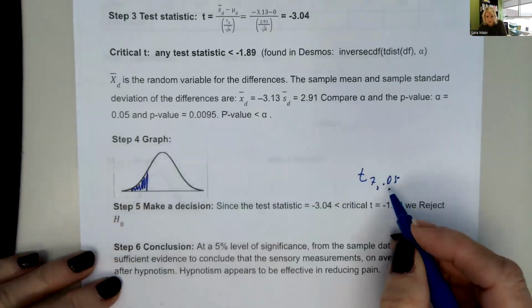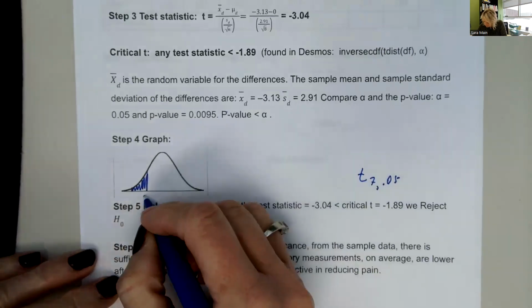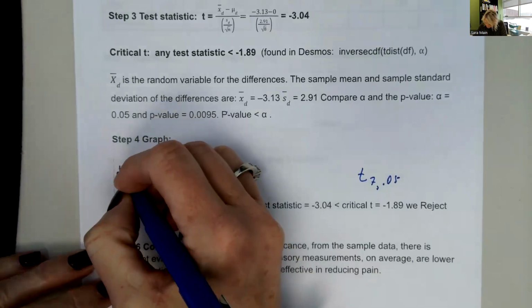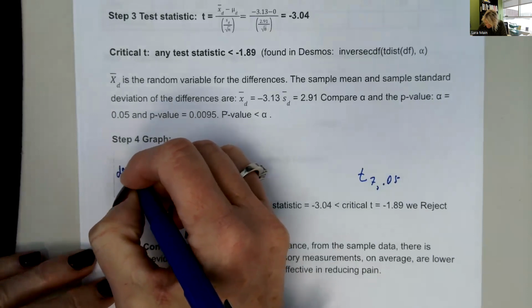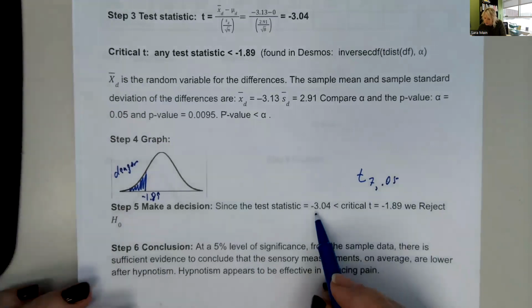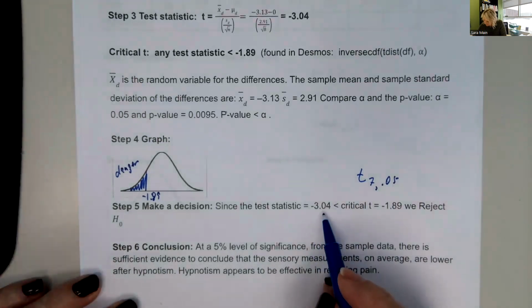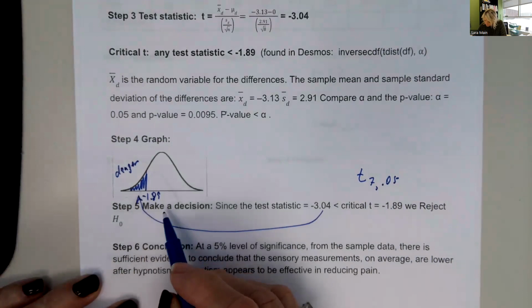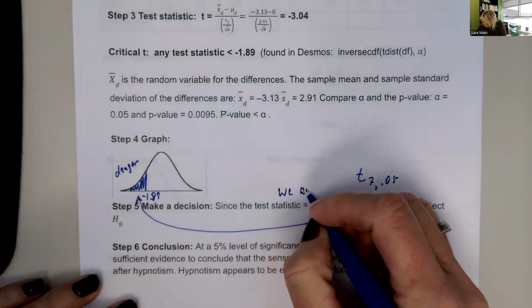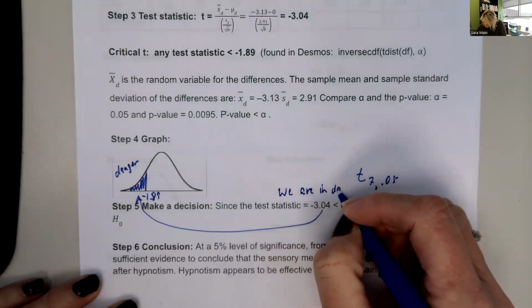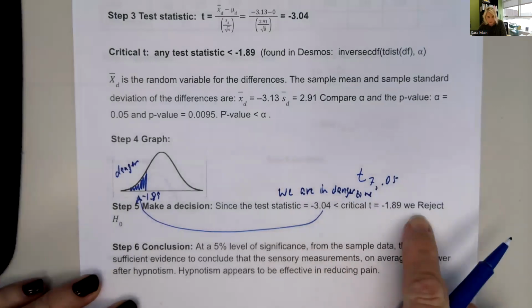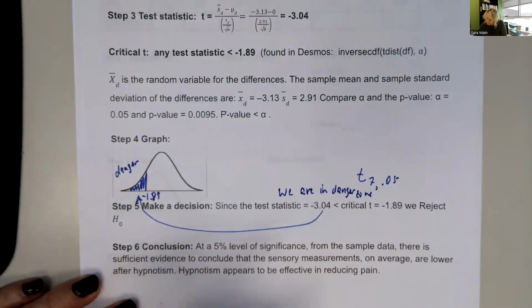Our critical T value is a negative 1.89. This is our danger zone over here if we use the classical approach. And our test statistic is negative 3.04. So we did fall in the danger zone. That's why we reject H0.